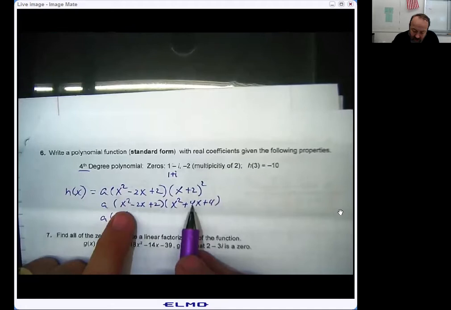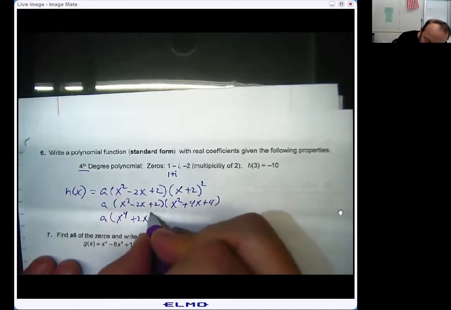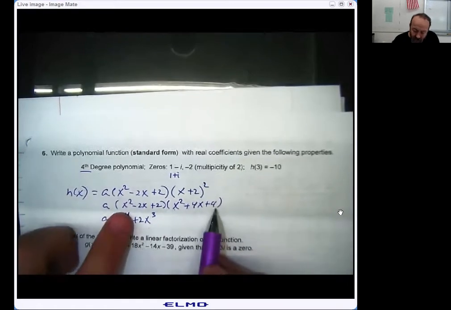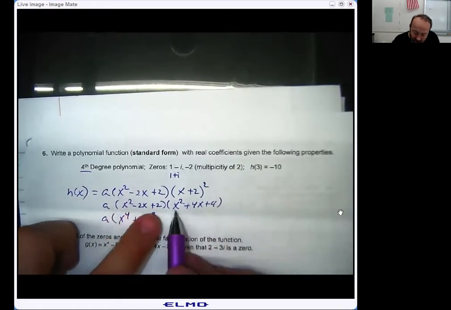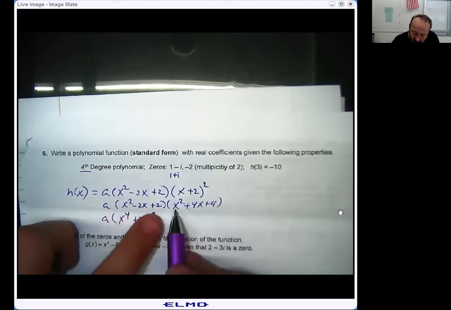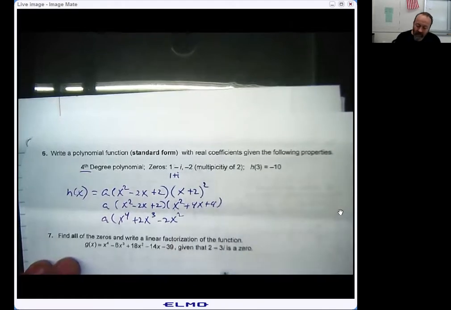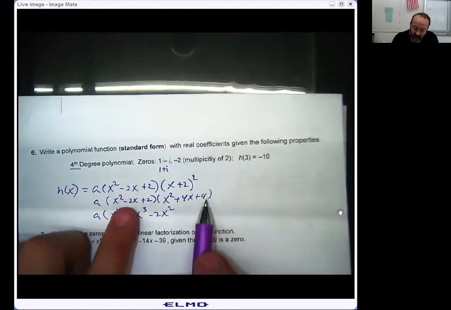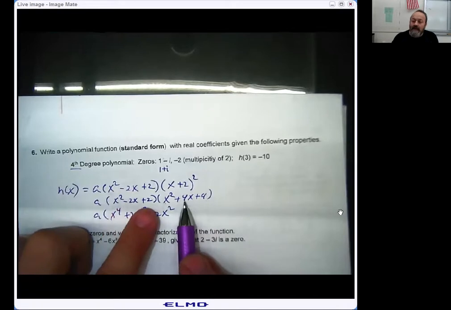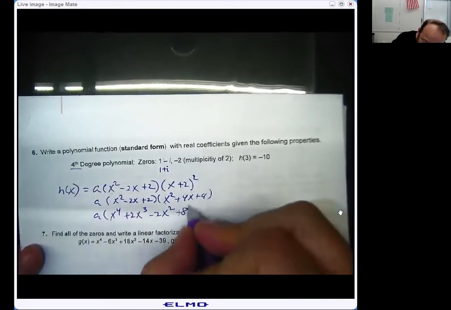There's a 4x cubed there and a negative 2x cubed there, so that's 2x cubed. I see a 4x squared, a negative 8x squared, and a 2x squared. So 4 minus 8 is negative 4, plus 2 is negative 2. Then looking for the x's, there would be negative 8x's there and positive 8x's there, which cancels out, which is nice. And then there's a plus 8 for our constant term.